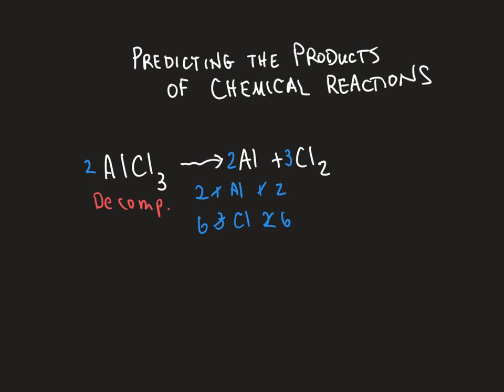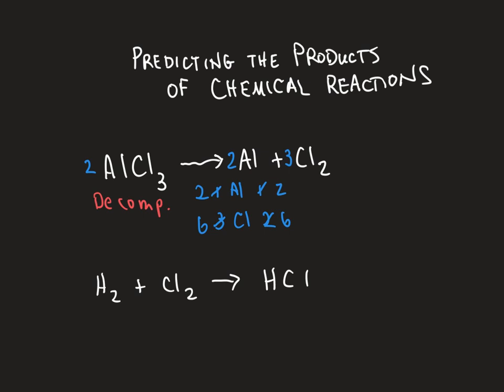The next type of reaction that we're going to look at is a synthesis type reaction. Let's do a simple synthesis reaction: let's take H2 and react it with Cl2. What we're going to produce is hydrochloric acid, so we have HCl.